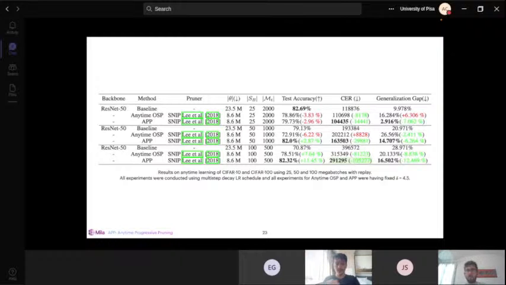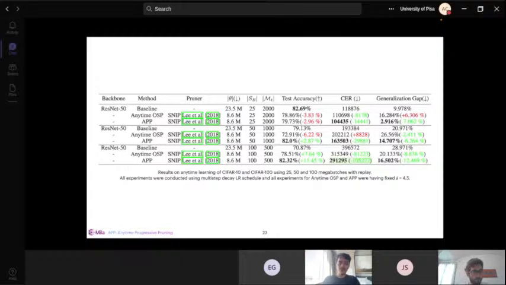grows very strong. To the extent that in the final row, where we have highlighted the CER with green, you can see that the differential in CER is nearly 100,000. The test set here contains only 10,000 samples.